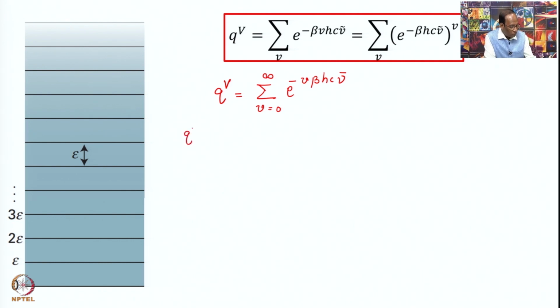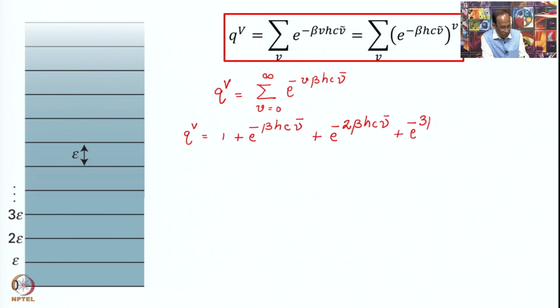So, I now have QV equal to, when V is equal to 0, exponential 0 is equal to 1, plus exponential minus beta h c nu bar, plus exponential minus 2 beta h c nu bar, plus exponential minus 3 beta h c nu bar, plus so on.